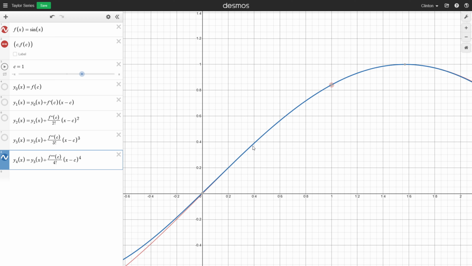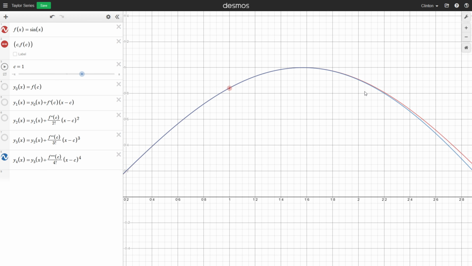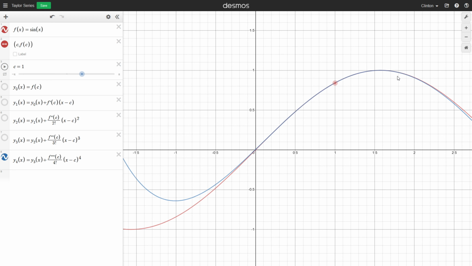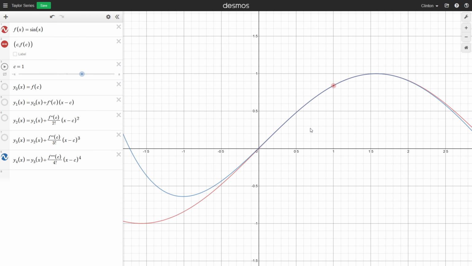It still looks like they're the same curve all the way down into almost past 0. Similarly, over here, we have to move all the way to 2. So that agrees for a very, very long time.